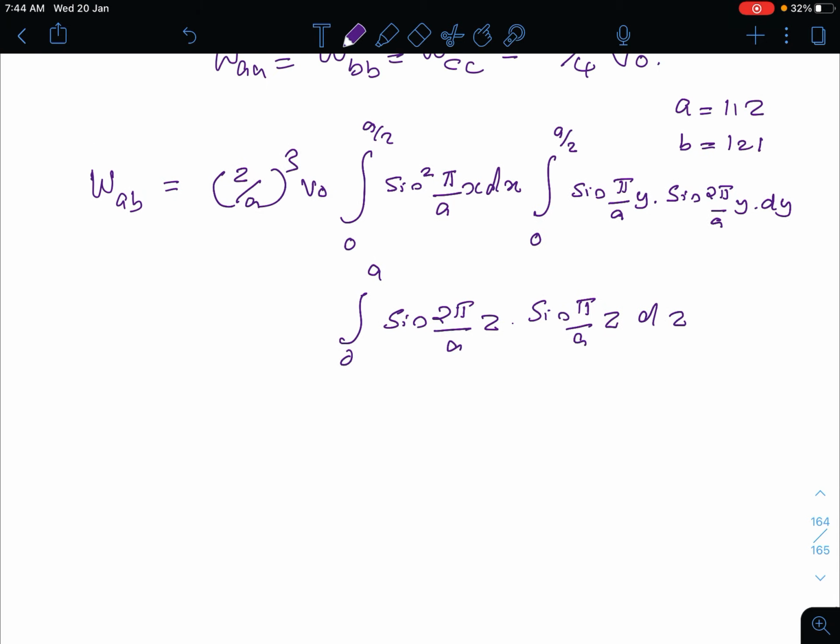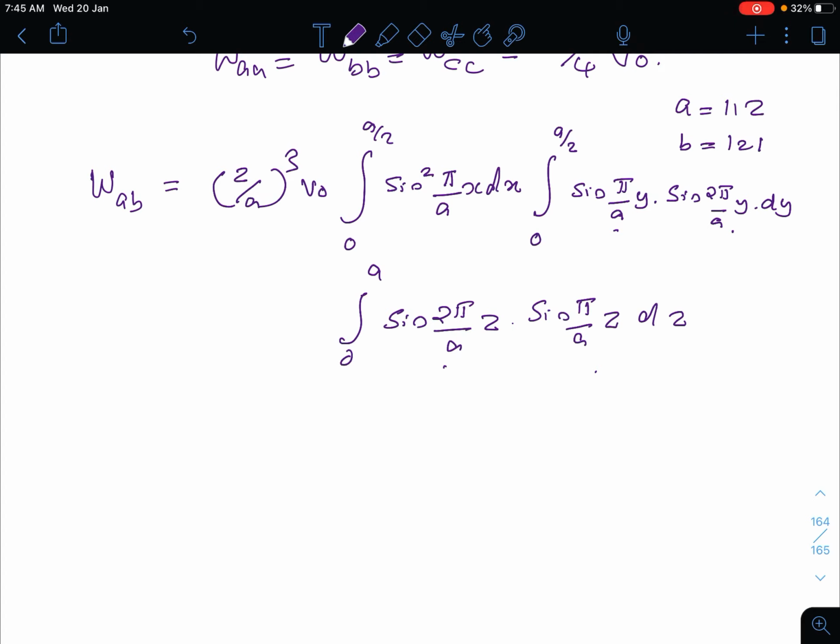Okay, so let's do this integral if you want. I think the first term is very simple, that you can do.